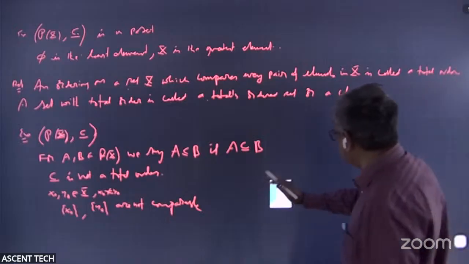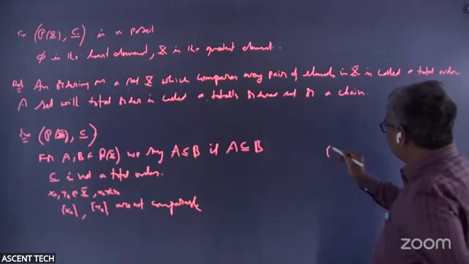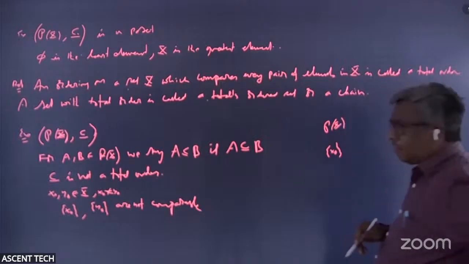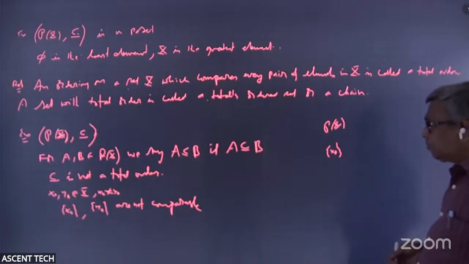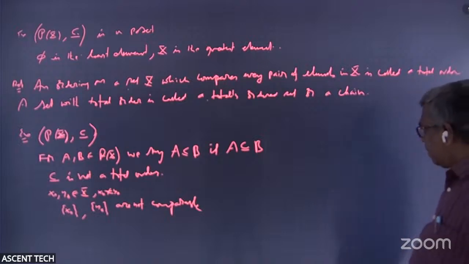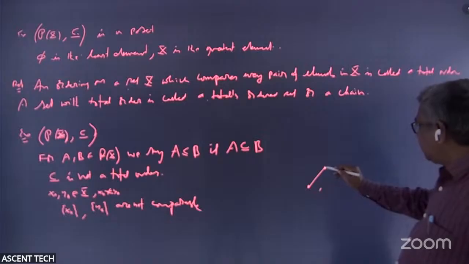Isn't that the same as least and greatest? No, no, no. For example, singleton x naught in the power set of X. Yeah, even this is also not going to do. I can have an inequality like this. This is the smallest one. Next, next, next.